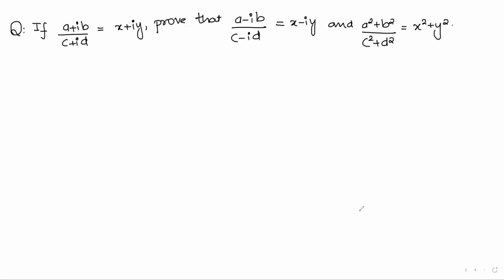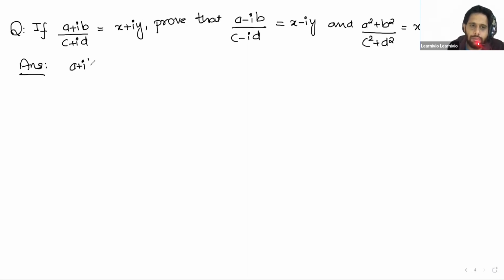So can you solve? Yes, sure, Safan. So in this case, we have (A + iB)/(C + iD) equal to X + iY. Okay, so we need to prove this. Yusra or Safan, can you tell me how can we get this? Let this be one.